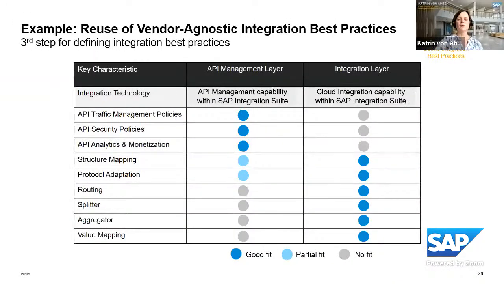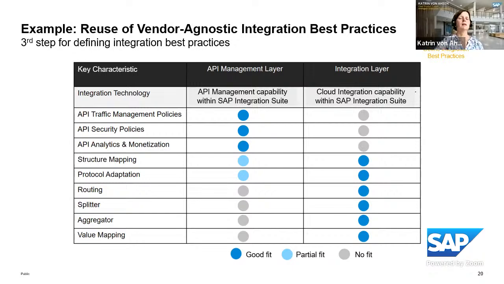Another example here from the integration best practices, for an example of vendor-agnostic best practices. Here the methodology also gives guidance about which type of technology to choose for specific requirements. So here we have an example about when to use API management capability and cloud integration capability.